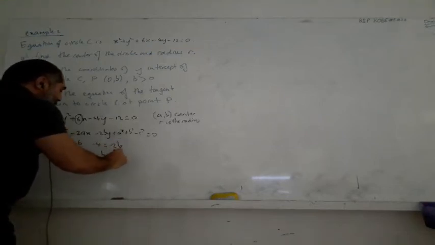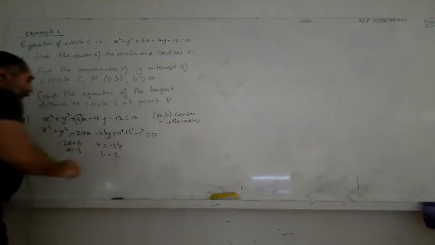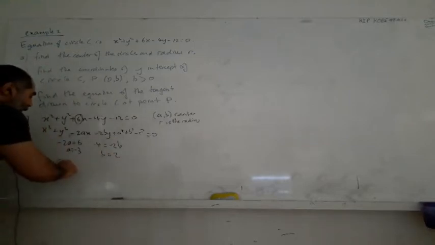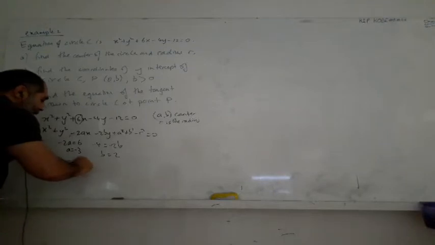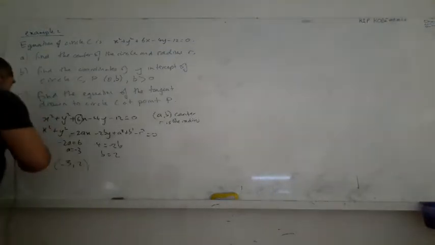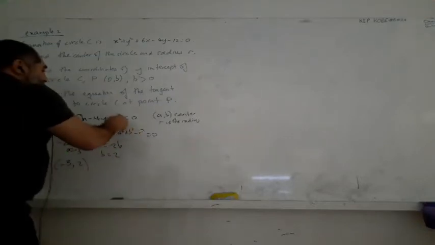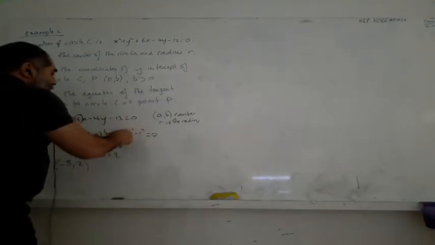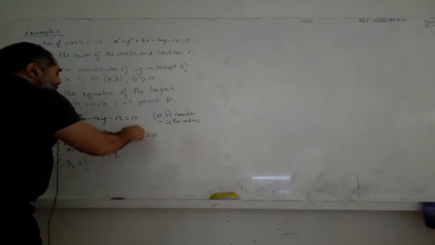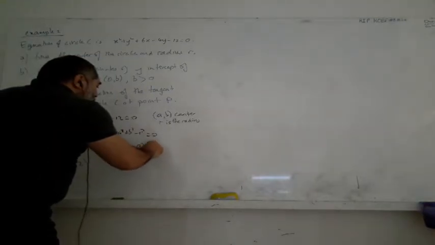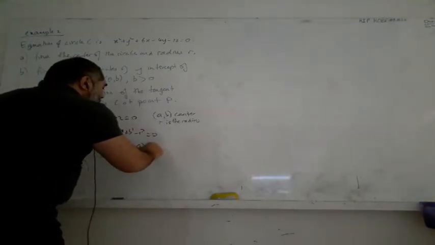So the center of the circle is (minus 3, 2). This is the center. And here minus 12 is equal to a squared plus b squared minus r squared. So a squared plus b squared minus r squared is equal to minus 12.